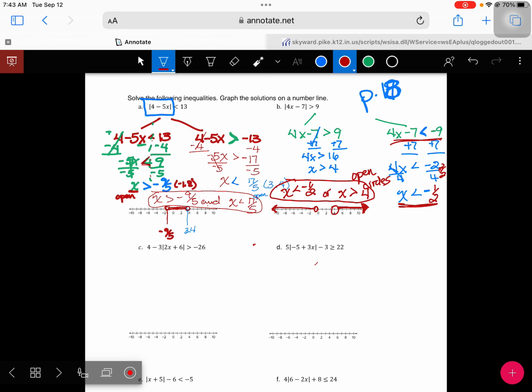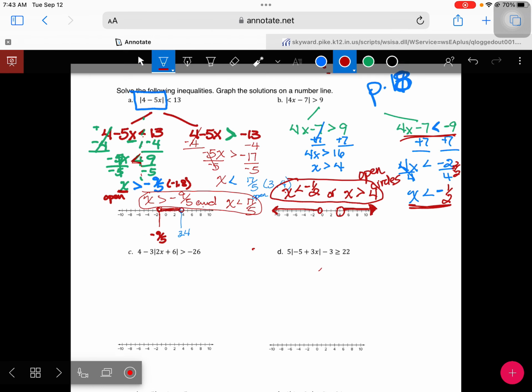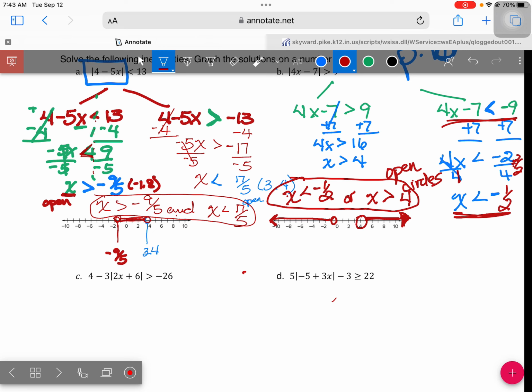Okay. All right, let's go to C. C, I do not have my absolute value isolated. So let's isolate it. Am I going to undo the 4? Or am I going to undo this negative 3? The 4. The 4 is by itself. The negative 3 is close to what I want to isolate.